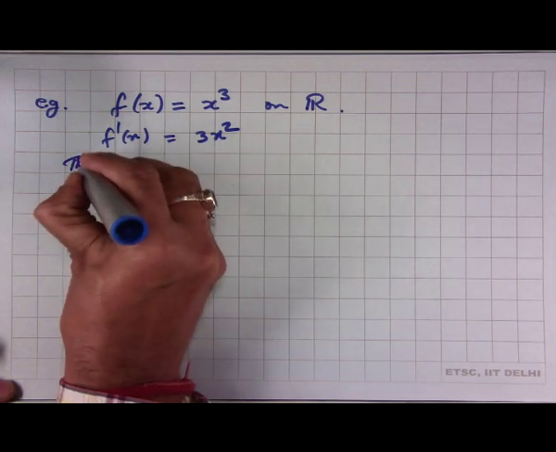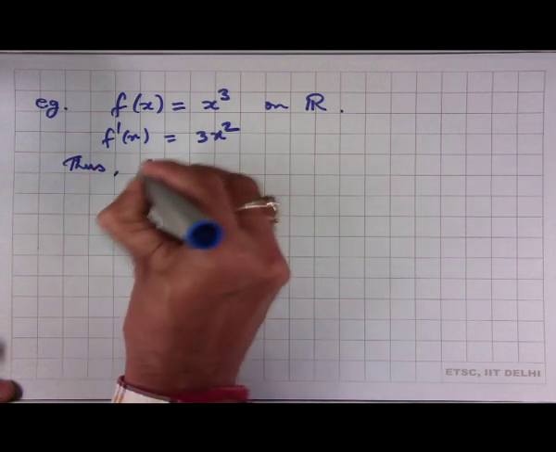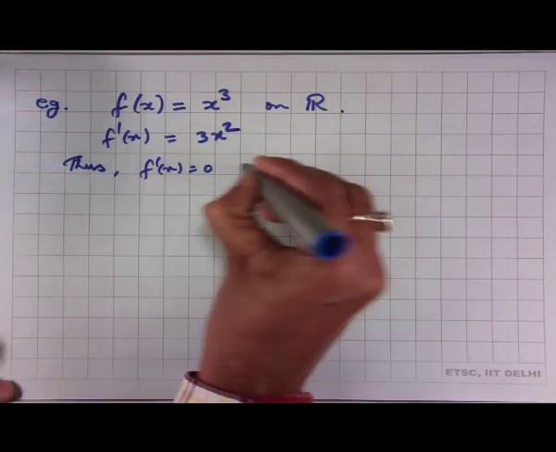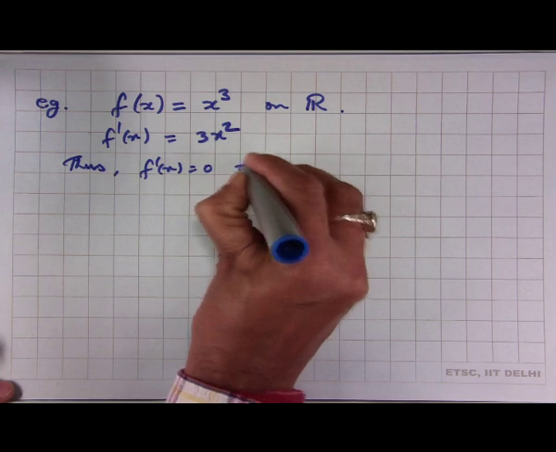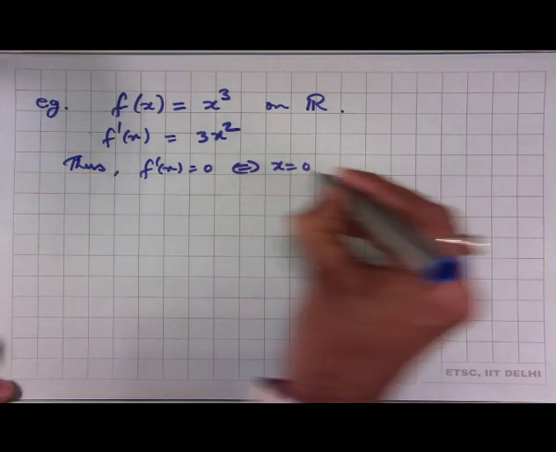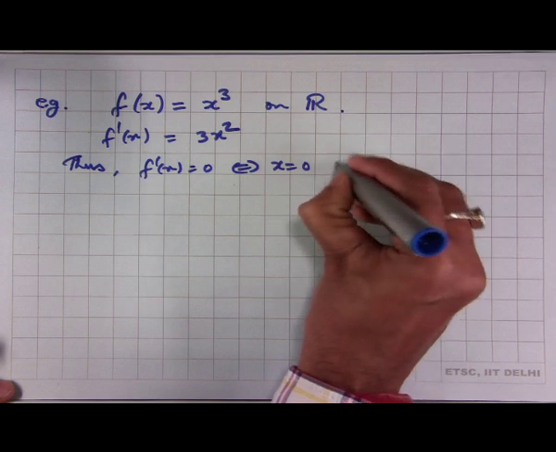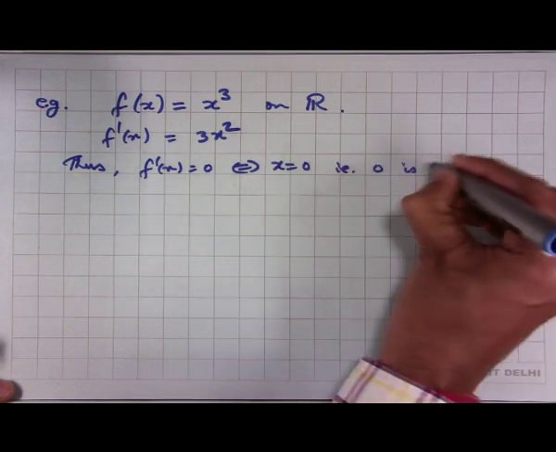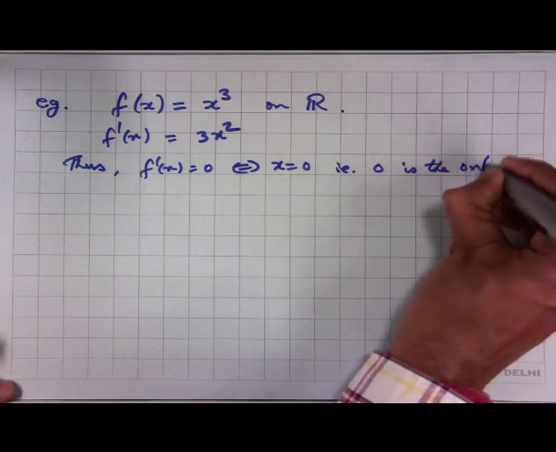Thus f prime x equal to 0 if and only if x is equal to 0, that is 0 is the only critical point.